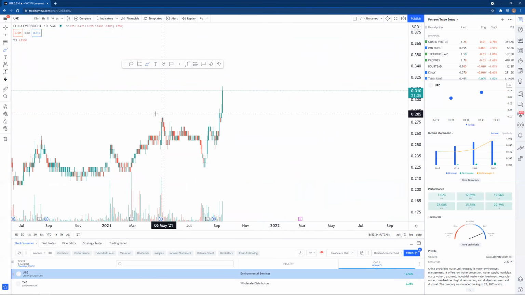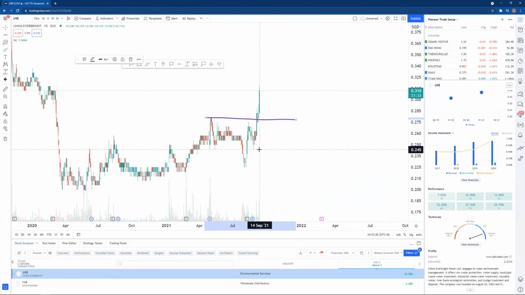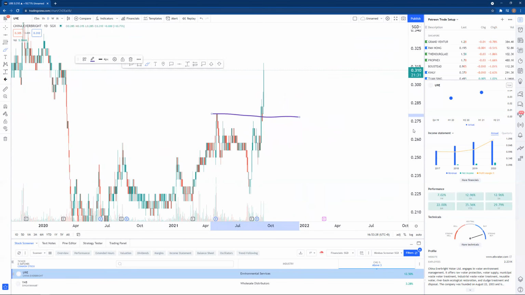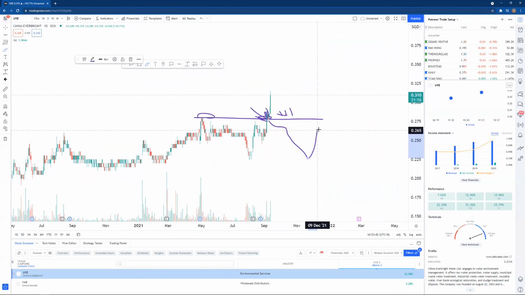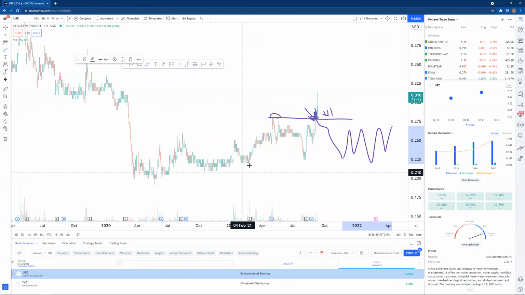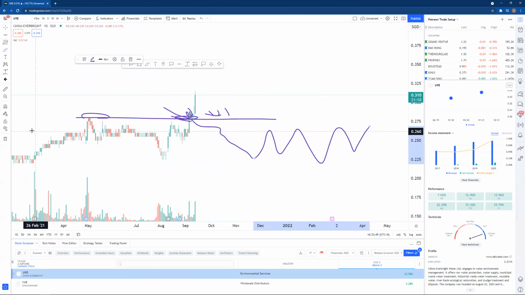Because let's say if we entered China Everbright at the first time when it broke out, there is a high chance that sellers can come in, price gets resisted, and it starts to go back down again, and then goes sideways again for the next 1 year, 2 years, who knows. But that didn't happen.